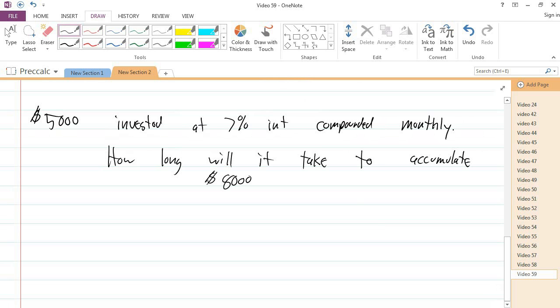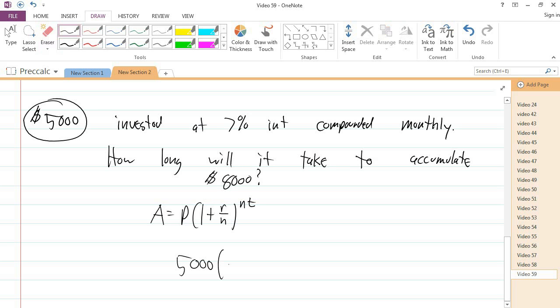Okay? So I'm going to use my compound interest formula, which is A equals P times (1 plus r over n) to the nt power. The difference here from when we have used this previously is that I have a starting amount, a rate of interest.